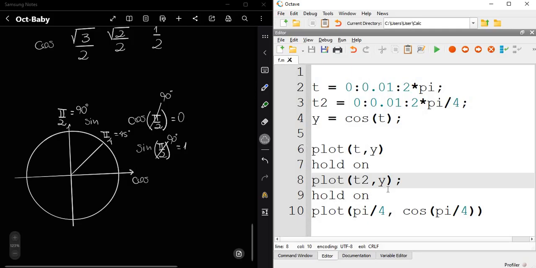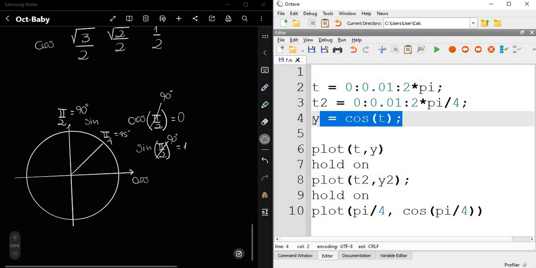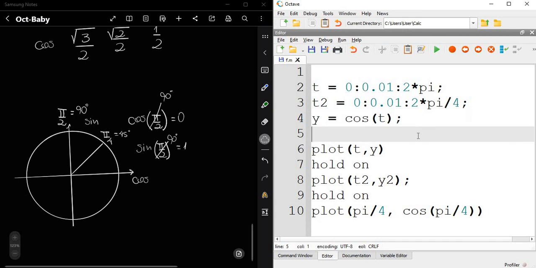Or should I do a different one with the same time base? Not only the time base, but also, we don't need to change the function, just the time base. Okay, and let's use a different line width.